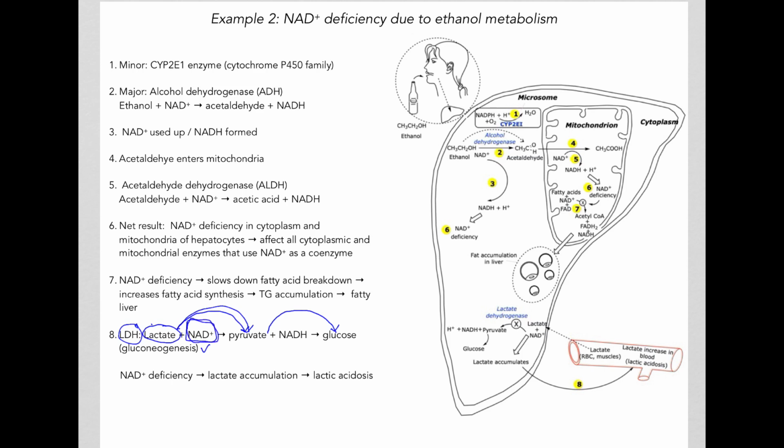However, since the NAD is being used up for ethanol metabolism, there's going to be a NAD deficiency, so the liver will not be able to convert the lactate into pyruvate. And that NAD deficiency will therefore lead to lactate accumulation. And that lactate will spill out into the bloodstream, and that will cause lactic acid acidosis.